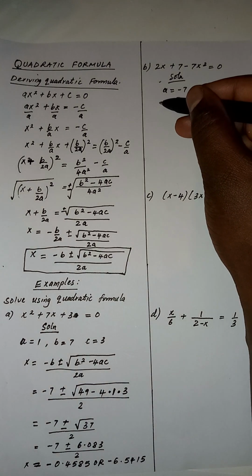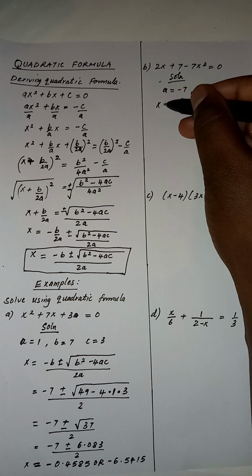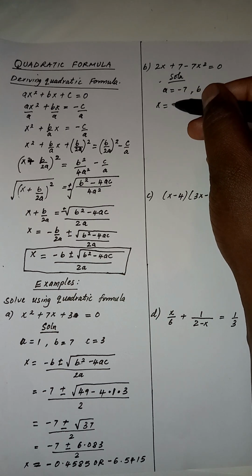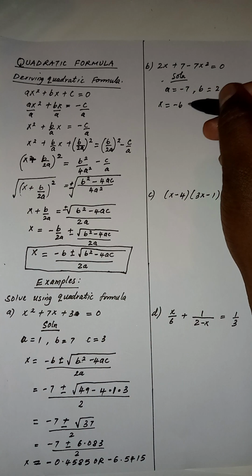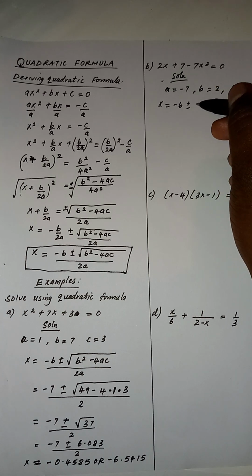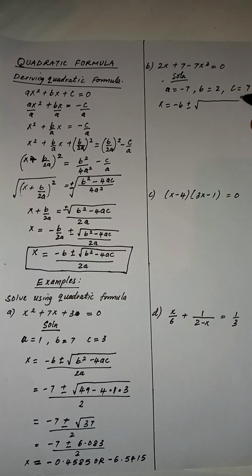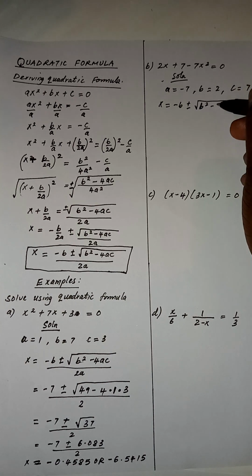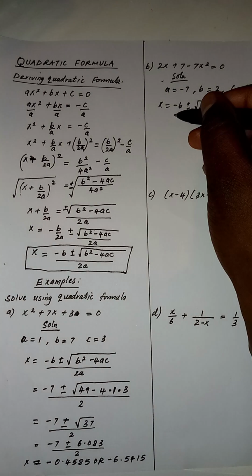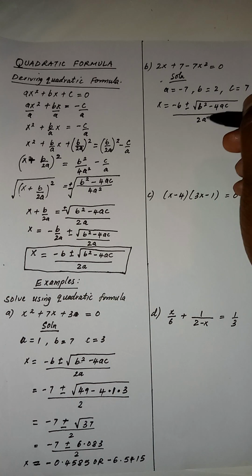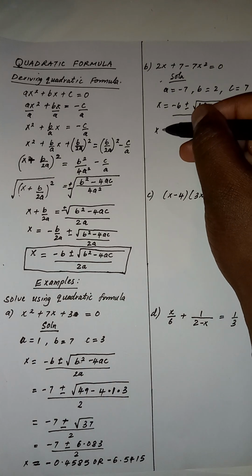So the quadratic equation formula: x is equal to minus b plus or minus the square root of b squared minus 4ac, over 2a.